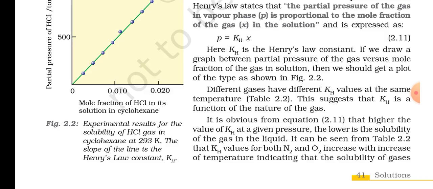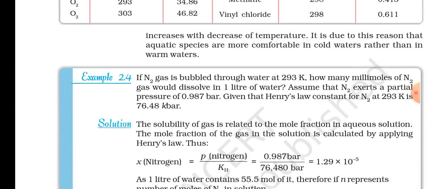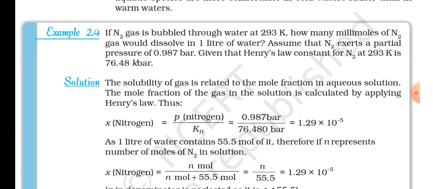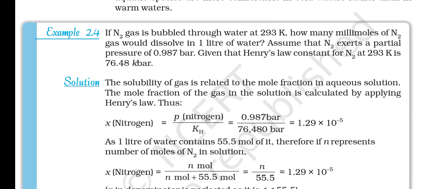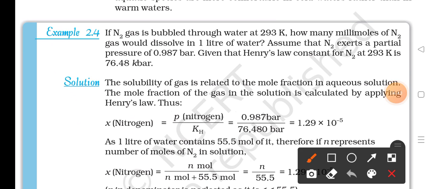After that, there's an important example. We have to understand this because it's important from the examination point of view. Let's see the question first. If N2 gas is bubbled through water at 293 Kelvin, how many millimoles?